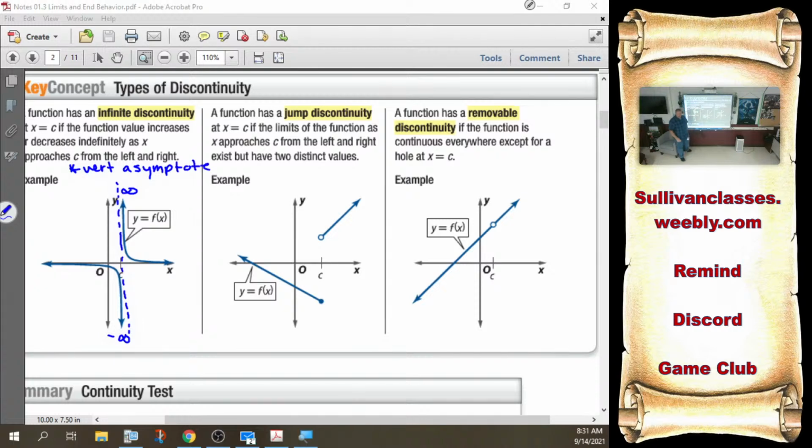Okay, we haven't seen vertical asymptotes since logarithms in Algebra 2. Before that, probably not since rational functions in Algebra 1. It's been a long time. A vertical asymptote is a gap in the domain where it does not exist.